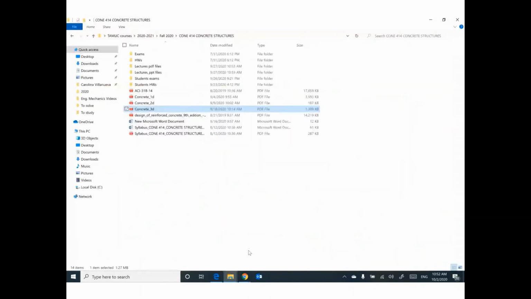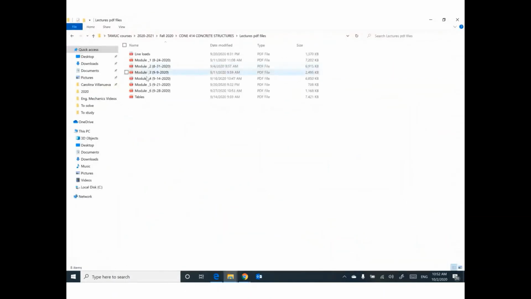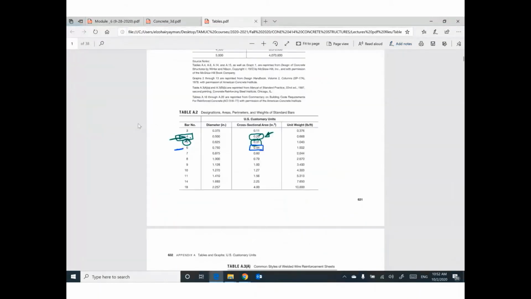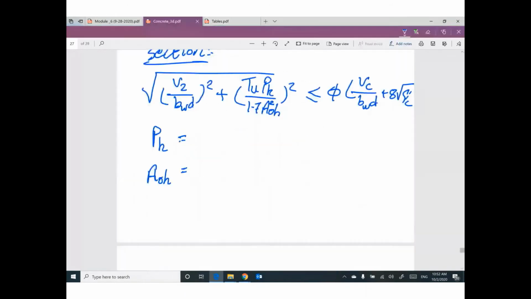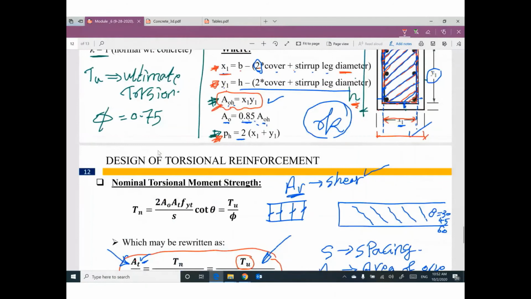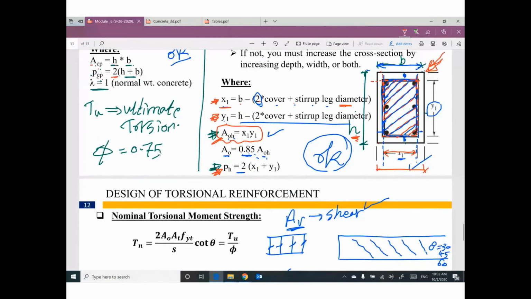Yeah, if you go back to tables, for number 4, here is the diameter, 0.5. So the diameter is, I'm sorry, 0.5. Guys, if you go back to this expression, x1 equals b minus 2 cover plus stirrup leg diameter.